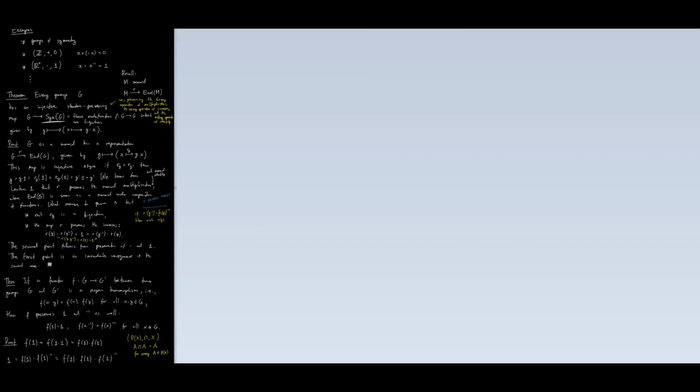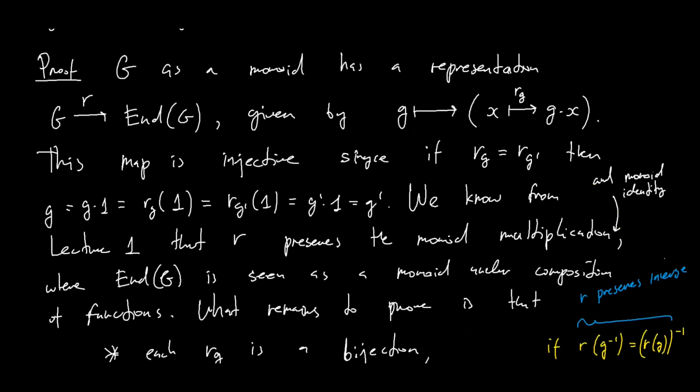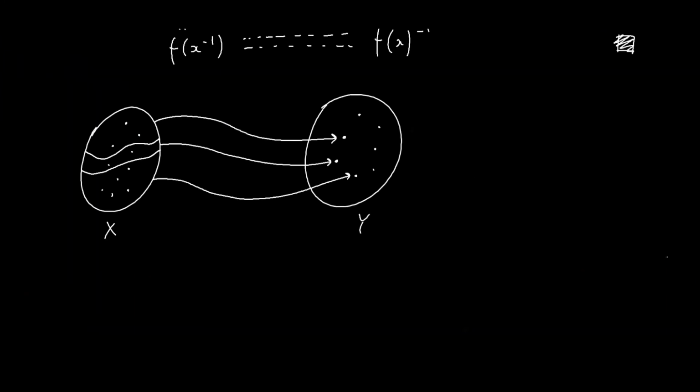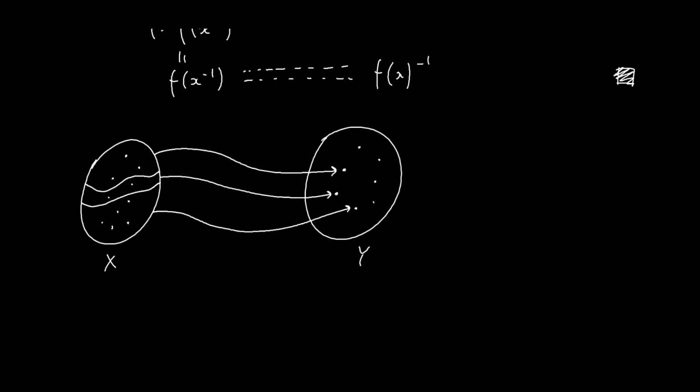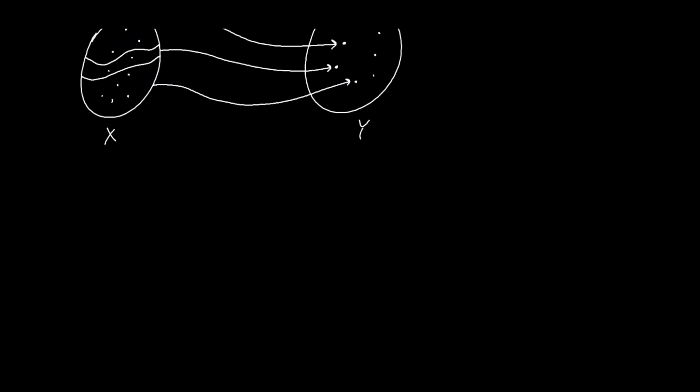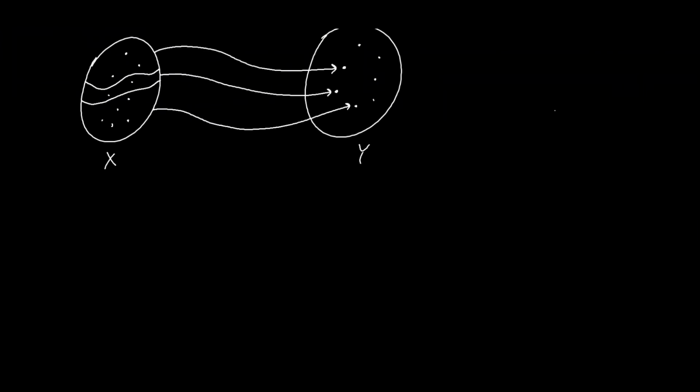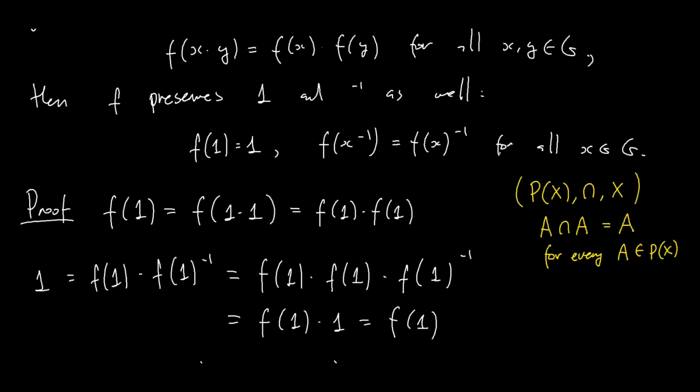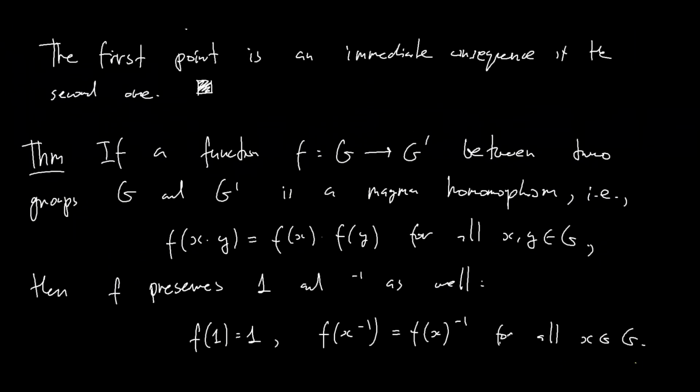You know that the size of the kernel of a linear map decides the size of the preimage of each vector. In fact, the reason for that is because a linear map preserves addition of a vector space, which is a group structure on a vector space. So let's formulate this as a theorem and prove it. By the way, such a function is called a group homomorphism. So instead of talking about magma homomorphisms, we will now talk about group homomorphisms when these magmas are groups.